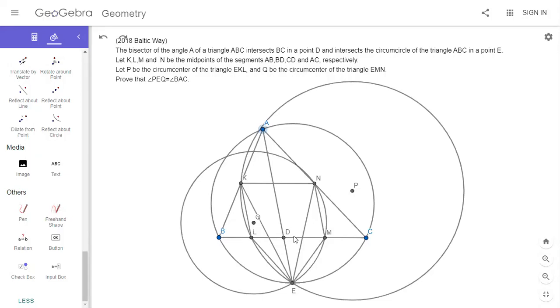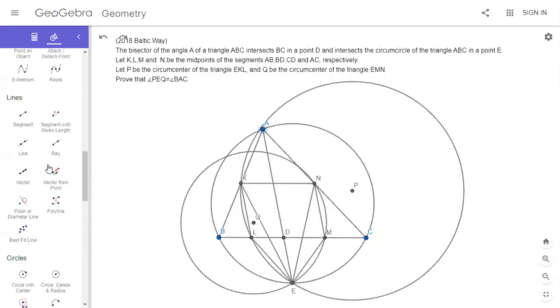I don't think so, because M is the midpoint of... let me see. MNE also kind of looks isosceles.